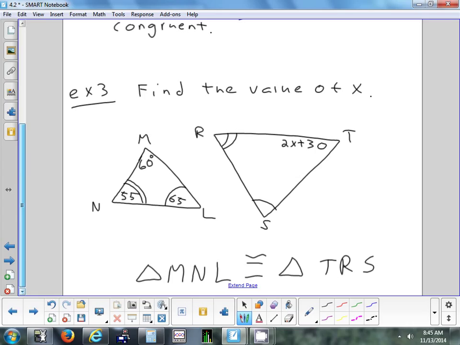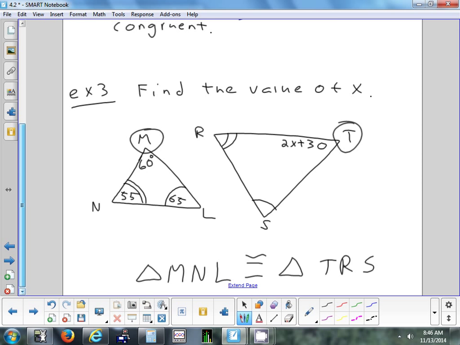How can we get x there? Sure, 60 equals 2x plus 30. We know that angle M and angle T are corresponding angles. If they're corresponding angles in congruent figures, then their measures are the same.